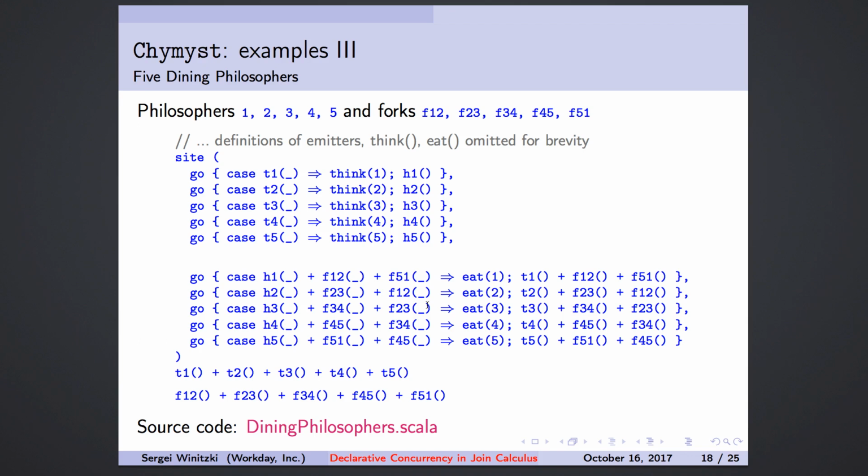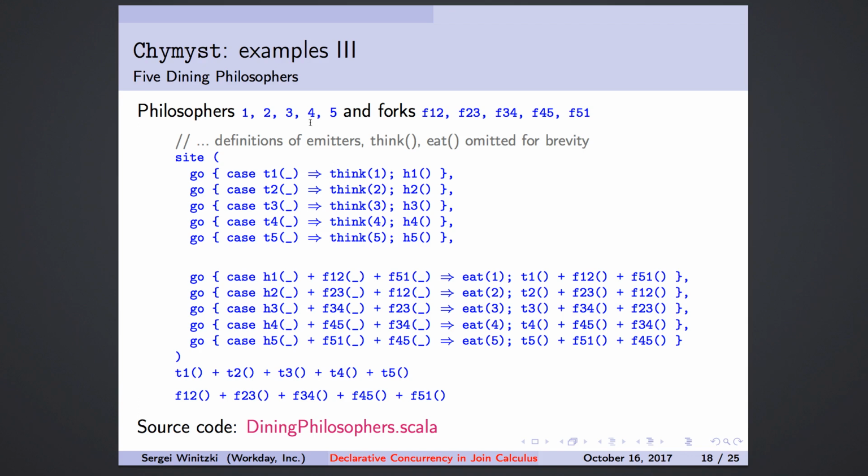So, okay, I would say to some extent you can do dynamic things, but all the possible reactions must be declared statically. However, you can add instances. For example, how would I define the code for n philosophers instead of 5, where n is a runtime parameter? I can do that.